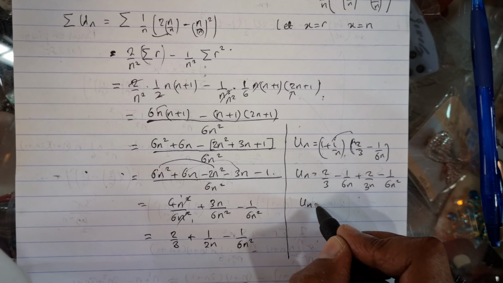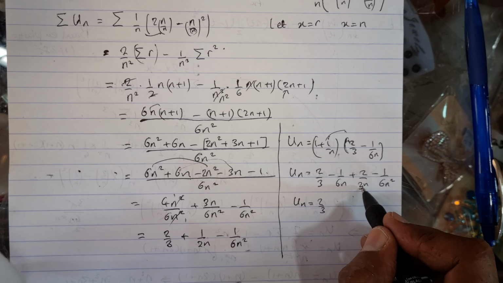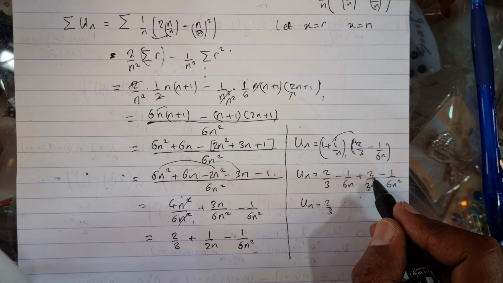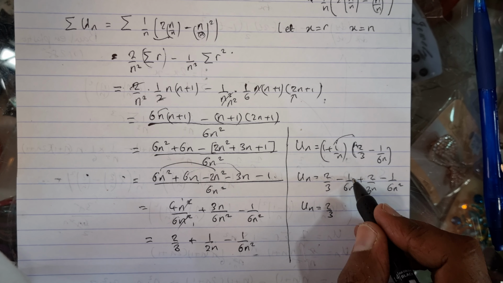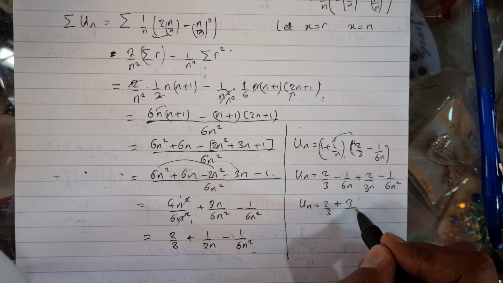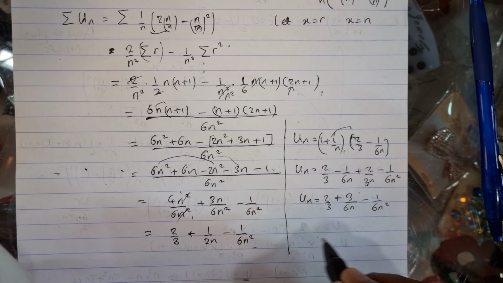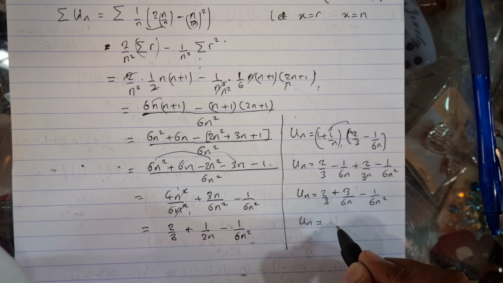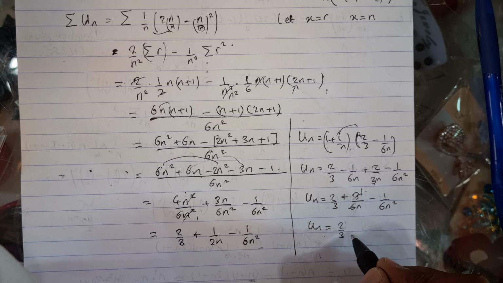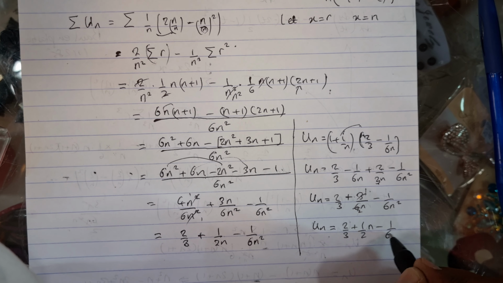So what we're saying is that this is equal to 2 over 3. Then we have minus 1 over 6n plus 2 over 3n, and we can make the denominator 6n by multiplying. So 2 times the numerator is 4, 4 minus 1 is 3, so I've got plus 3 over 6n minus 1 over 6n squared. So Un is equal to 2 over 3, plus 3 over 6n, which can become 1 over 2n, minus 1 over 6n squared.